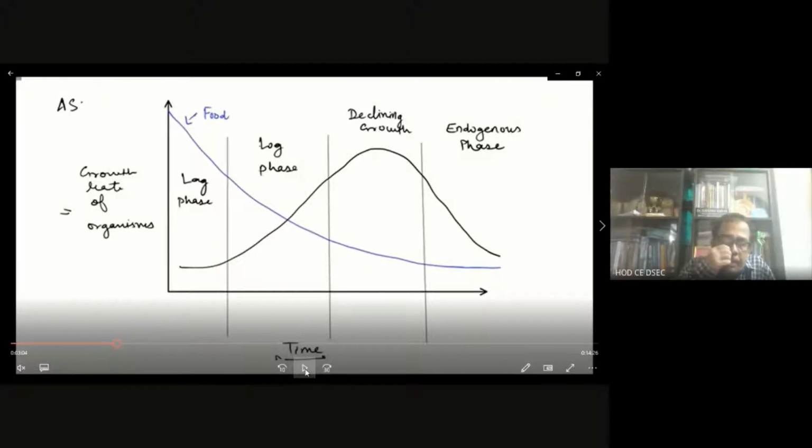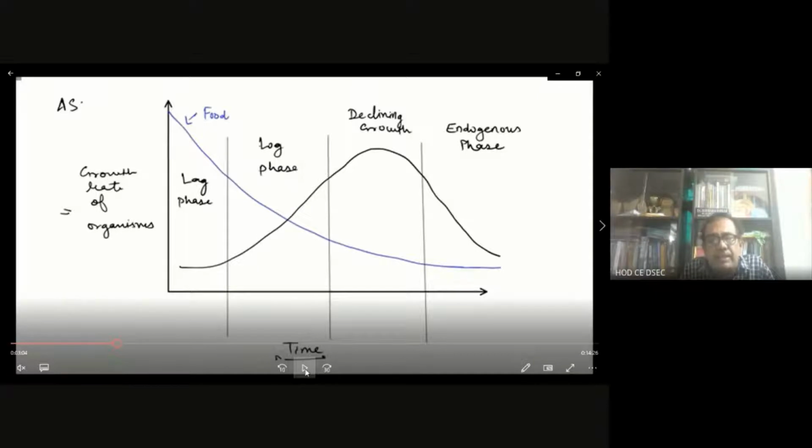From when the log phase ends, you see the substrate utilization rate, that is the food utilization rate, as the biomass consumes food more and more. So what will happen? The food will be decreasing. So a time will come when there will be no sufficient food, then the increasing rate will stop and the biomass growth will be in declining growth, which is the third phase.